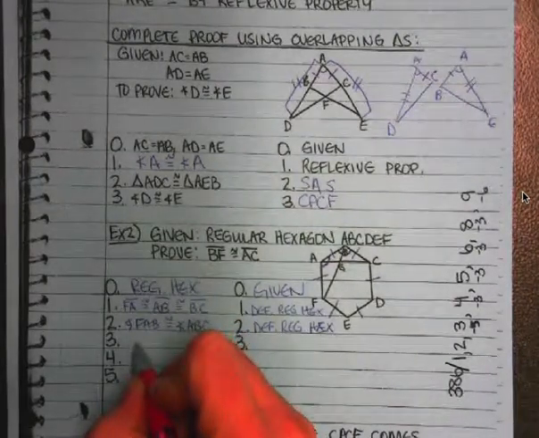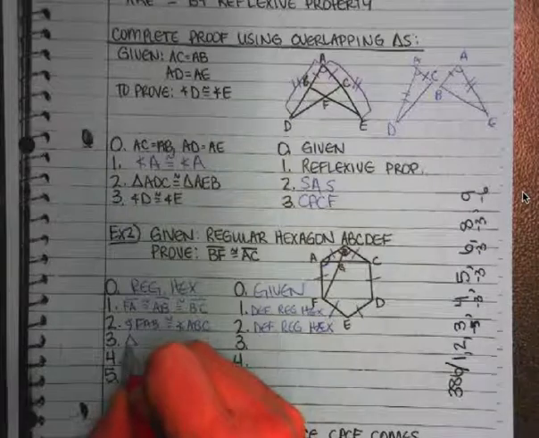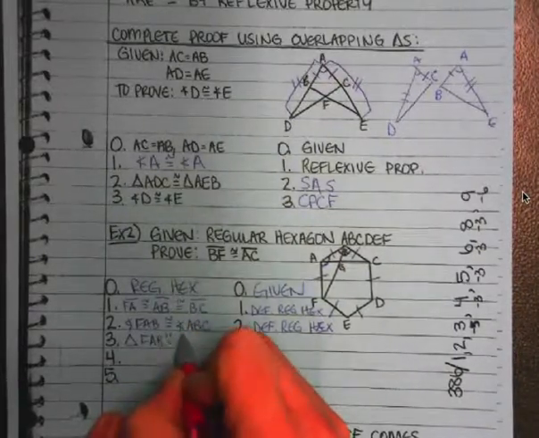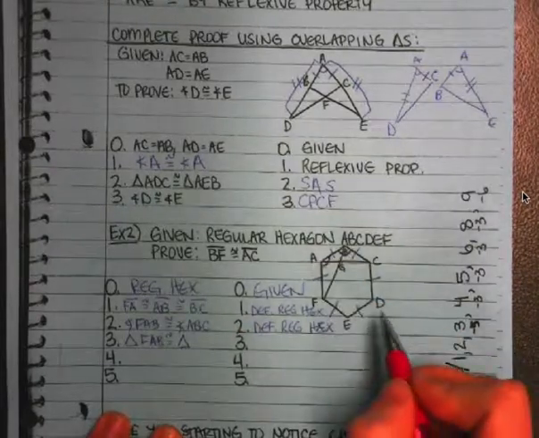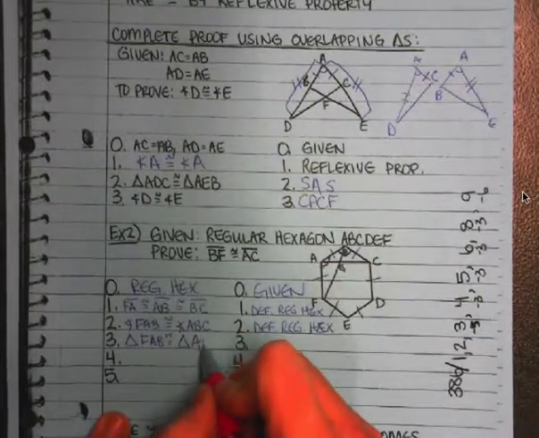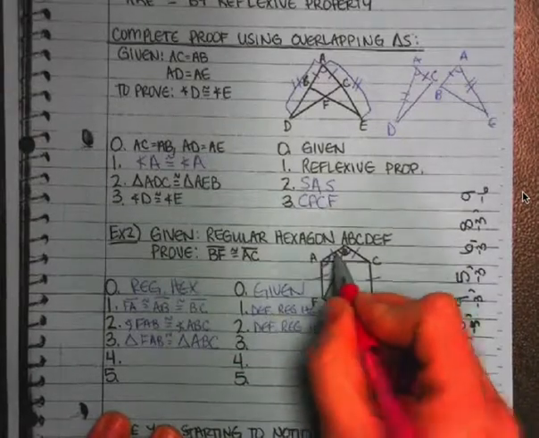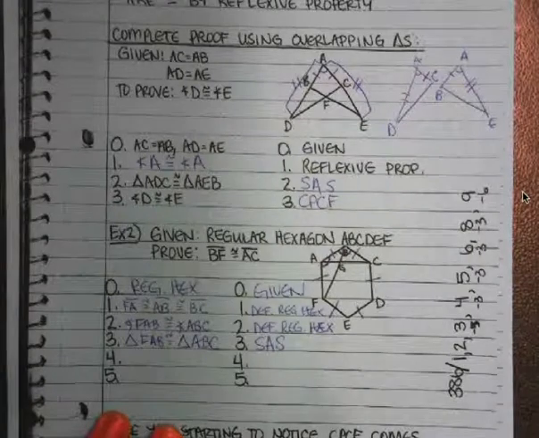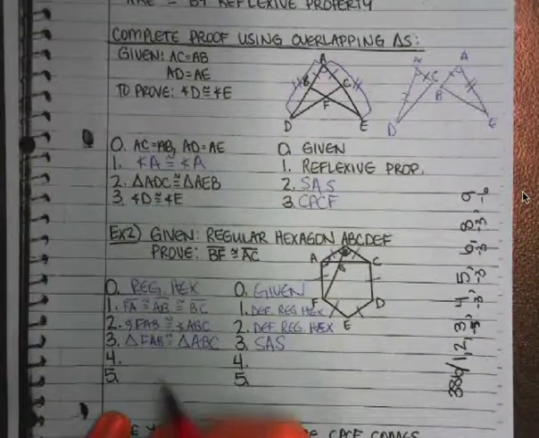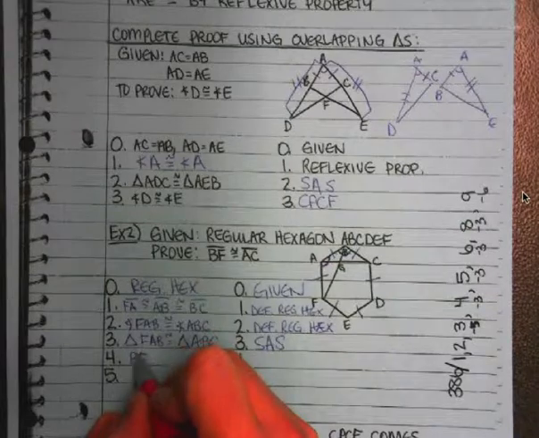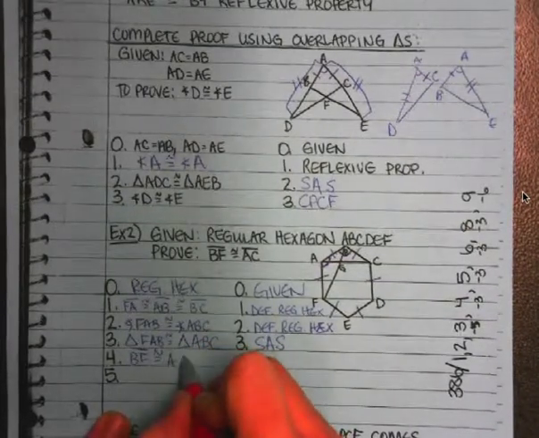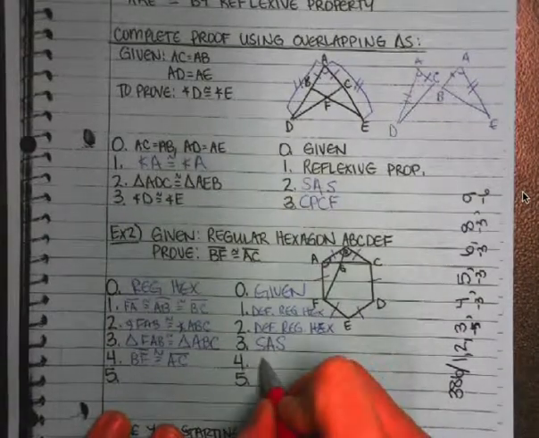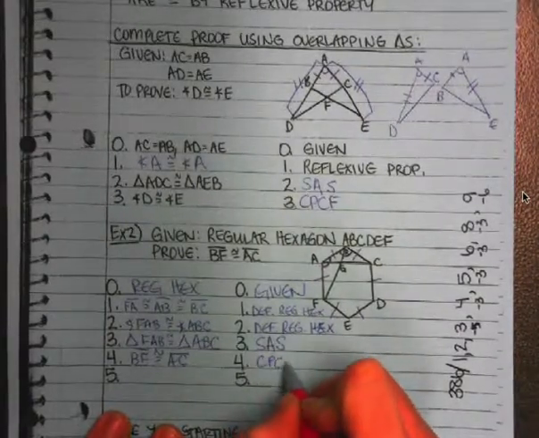So triangle FAB is congruent to triangle ABC by the side, angle, side theorem. And I think I'm already here. BF is congruent to AC by CPCTC.